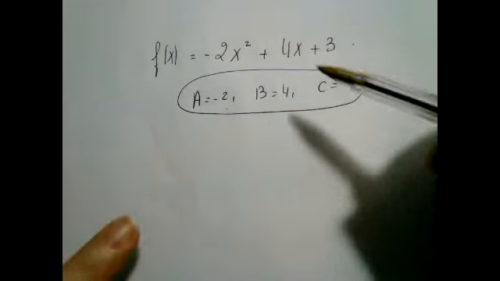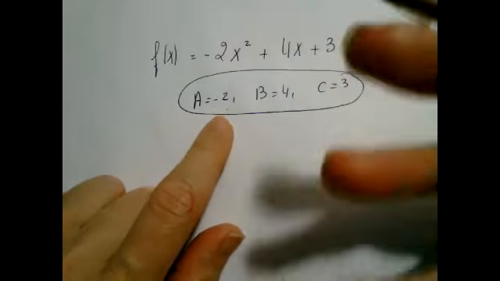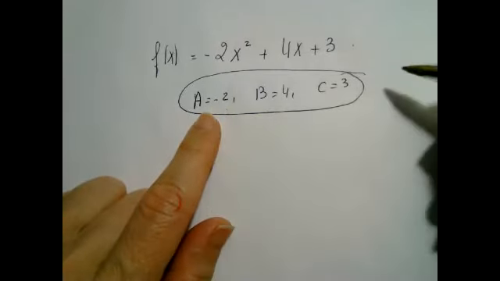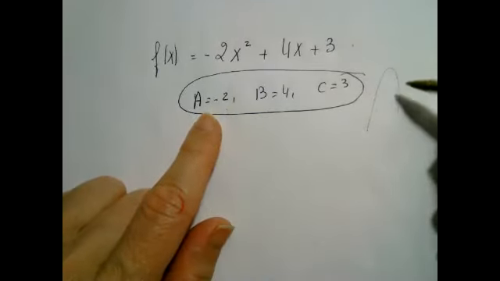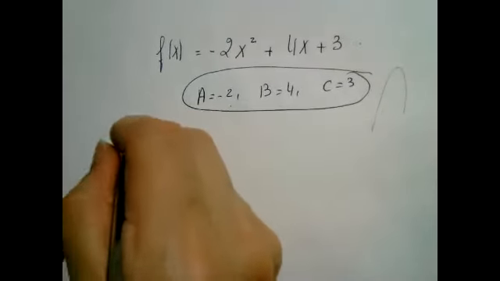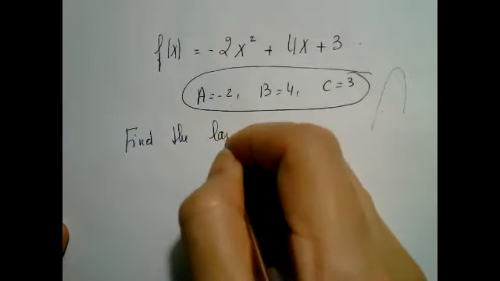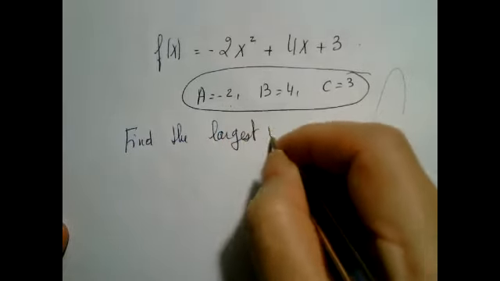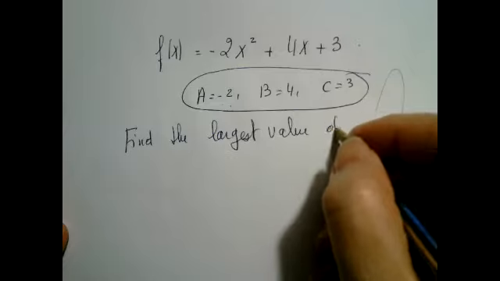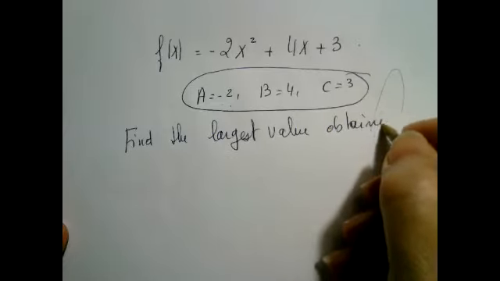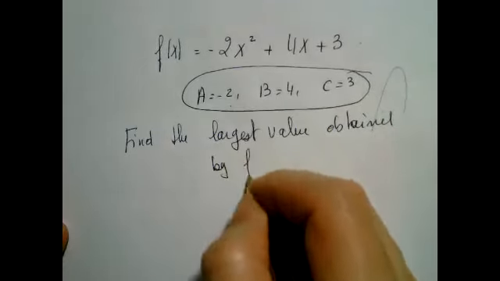Now I told you, if a is negative, it's going to be concave down. So now my question is, find the largest value obtained by the function.